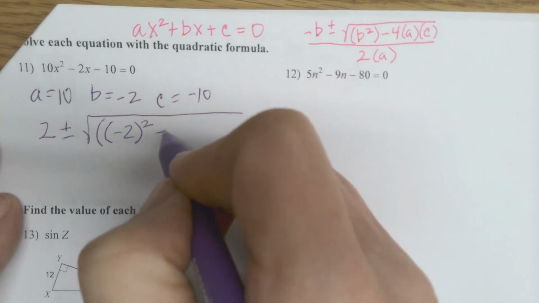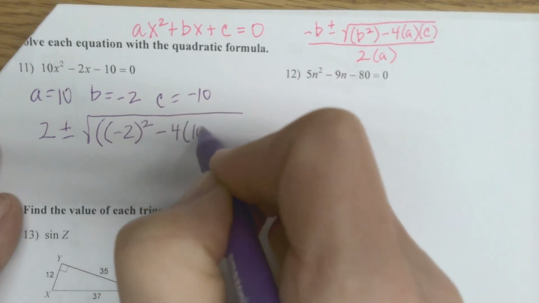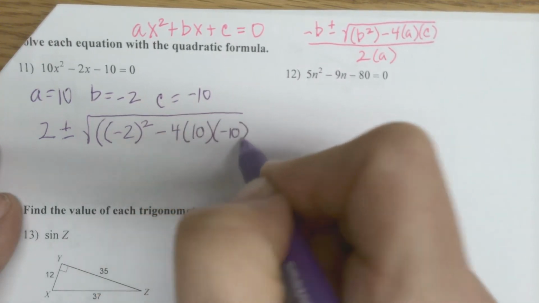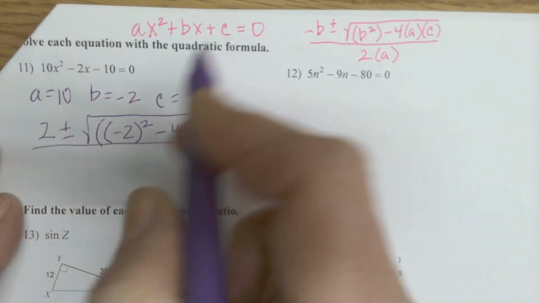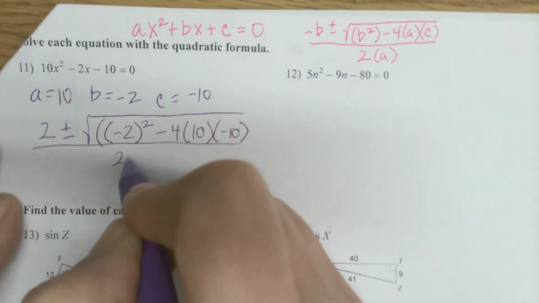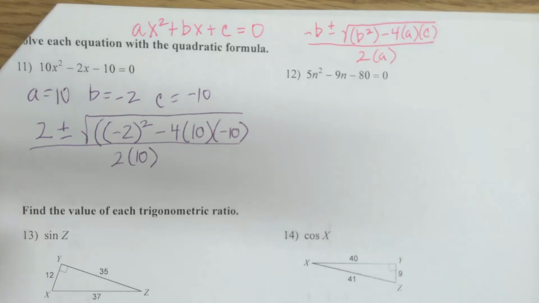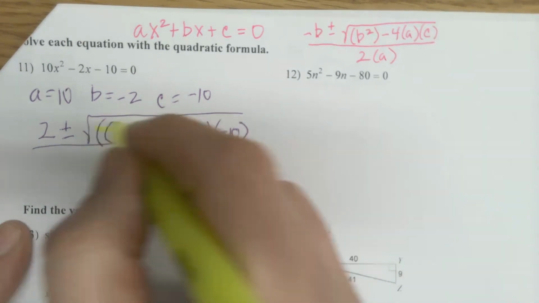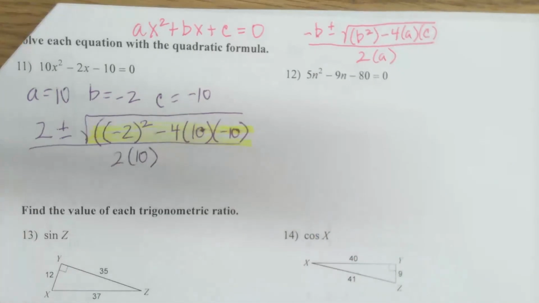And then -4 times 10 times -10 all over 2 times 10. So what I always do when I do these problems, always, is I take what's in there, and I figure that out first.